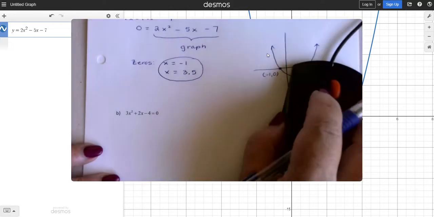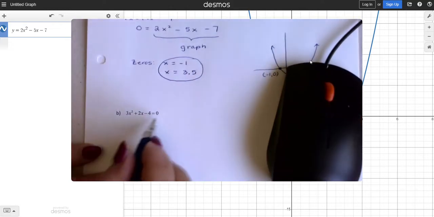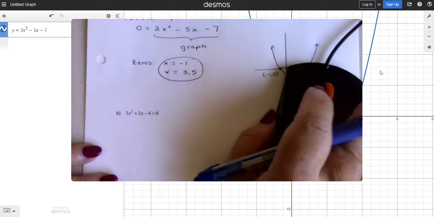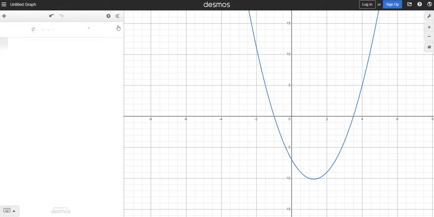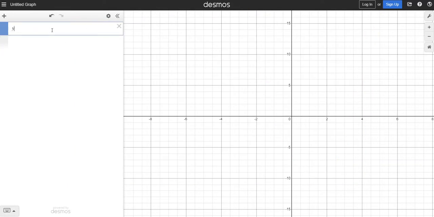Our next one is already equal to 0, so I don't need to do anything to that one. I'm just going to go ahead and graph it. 3x squared plus 2x minus 4.